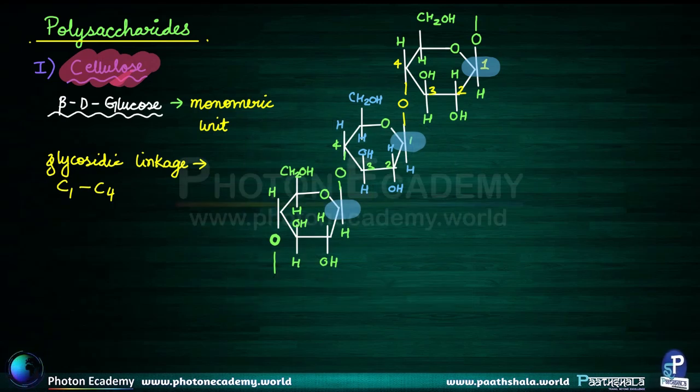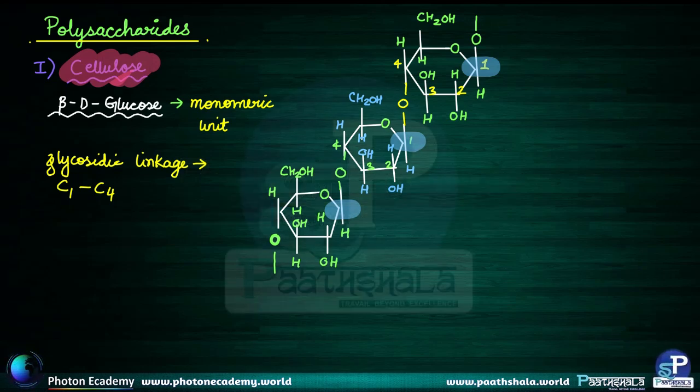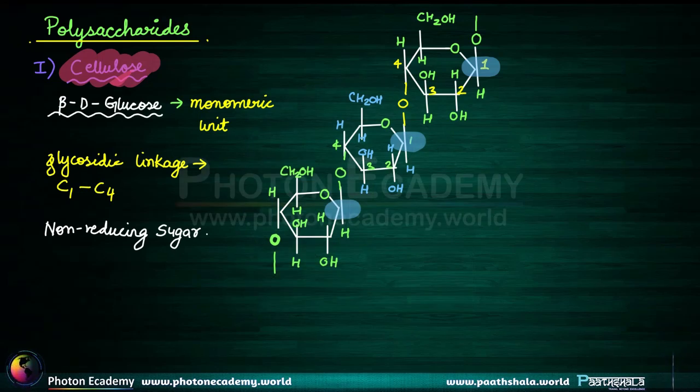So overall, we'll just say that the anomeric carbon is destroyed. As you can clearly see in these glycosidic linkages, the anomeric carbon is destroyed, and therefore cellulose here will act as a non-reducing sugar. So cellulose is nothing but a non-reducing sugar. Why? Because all the anomeric carbons are destroyed and the terminal has no contribution towards the reducing nature.